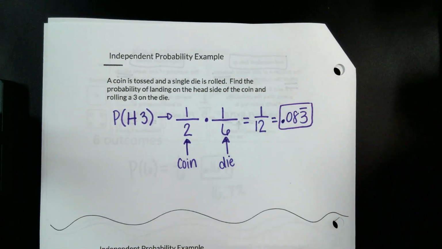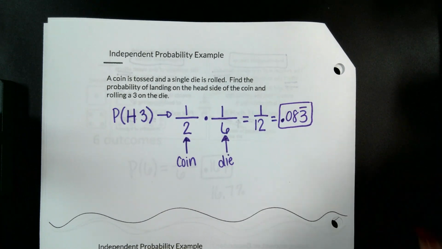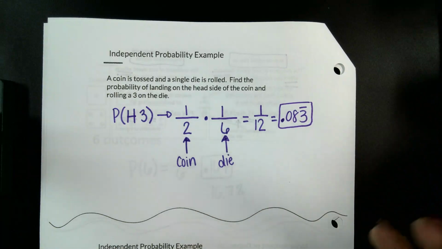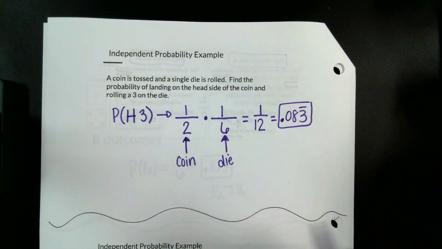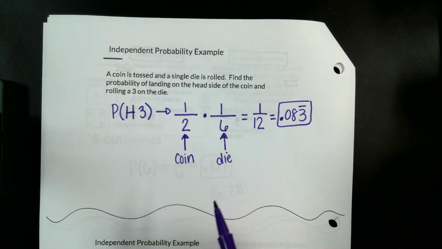Yep. I like the independent problems better. They're easier because you don't really have to think about that second one, because the first one didn't affect what happened with the second one. When they become dependent, that's when things get a little trickier.